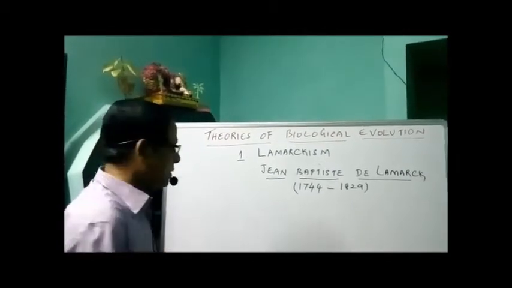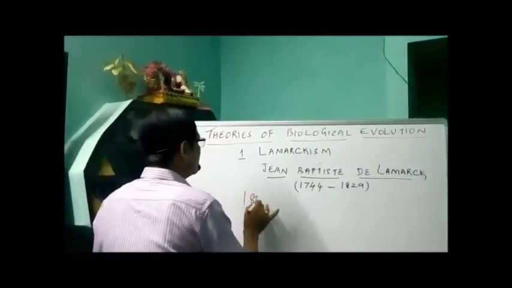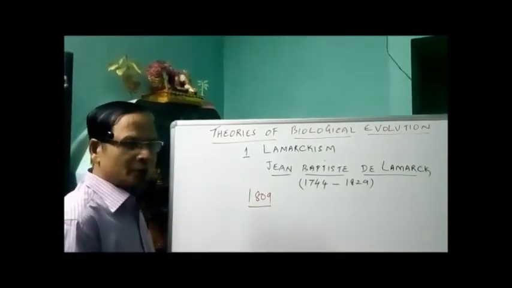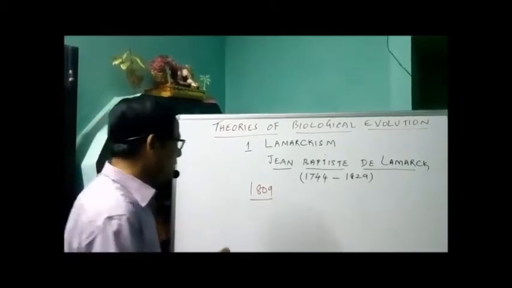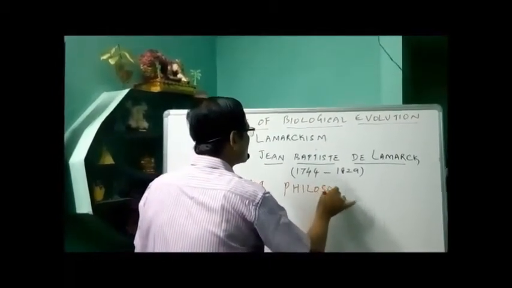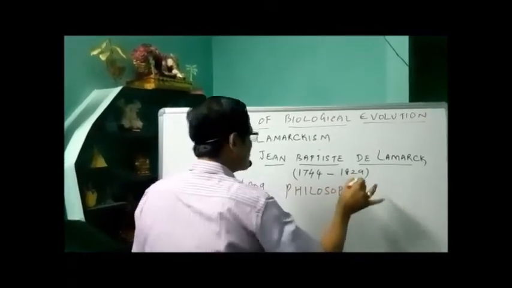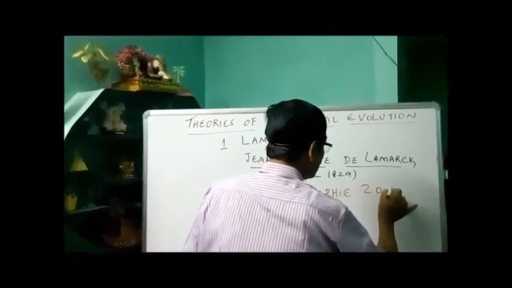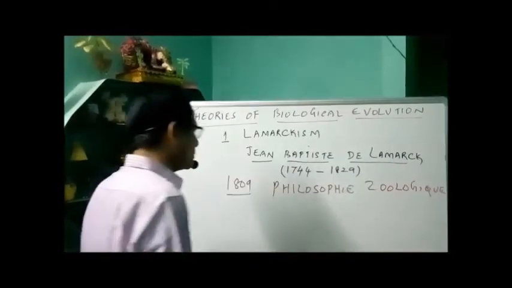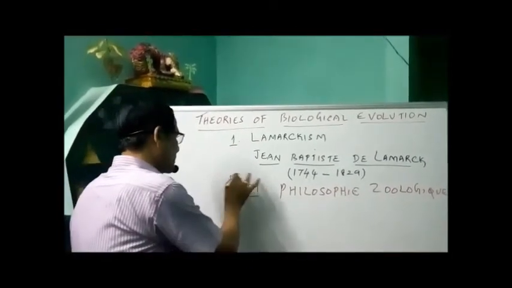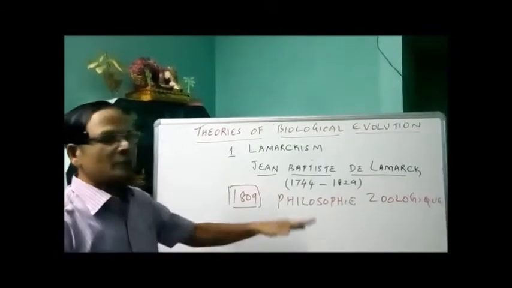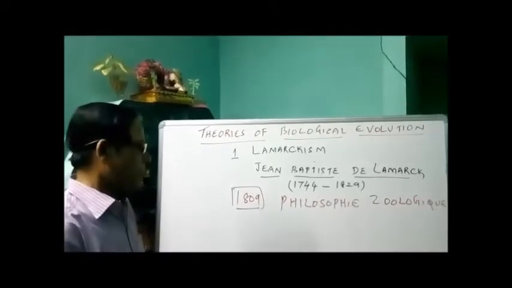He wrote a book in 1809 and was the first person to explain the mechanism of evolution in a book, Philosophie Zoologique. This is the name of the book. In that one, he explained the mechanism of evolution for the first time.